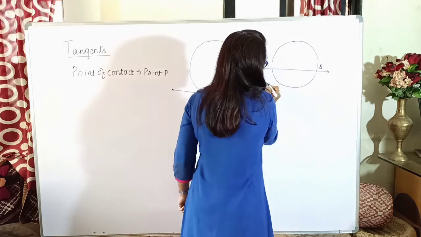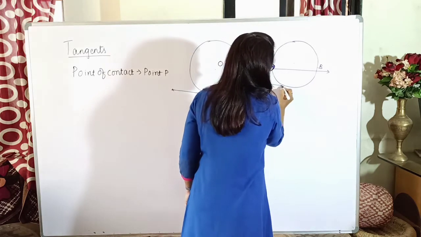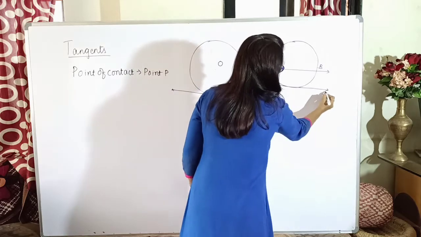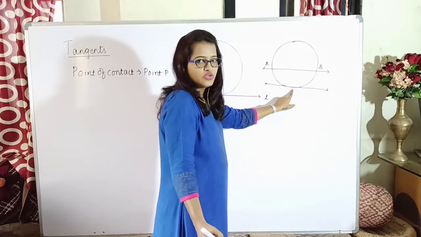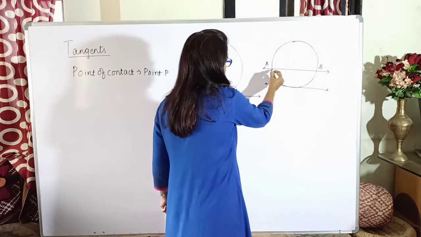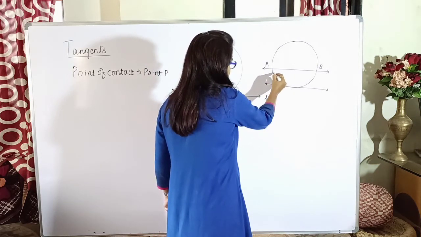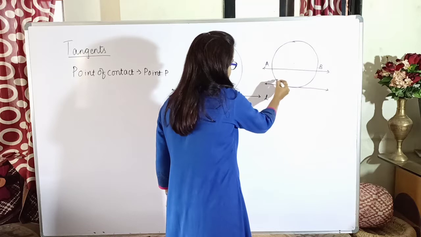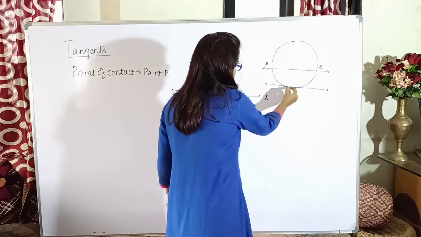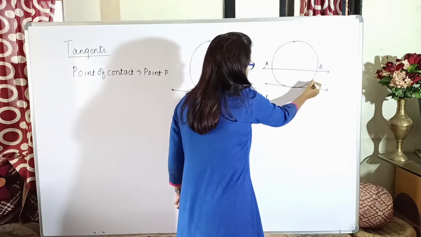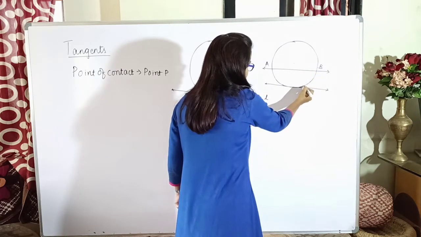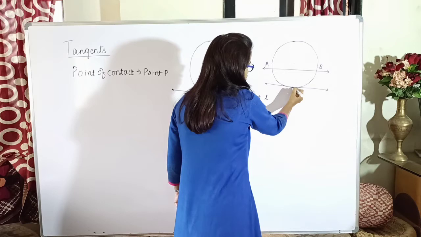When I move this line such that it will intersect the circle at only one point, meaning this point A, when you are moving it down, it will come here, then here, then here, and finally it will come here. Similarly, point B, as you move the line downwards, will also come here.